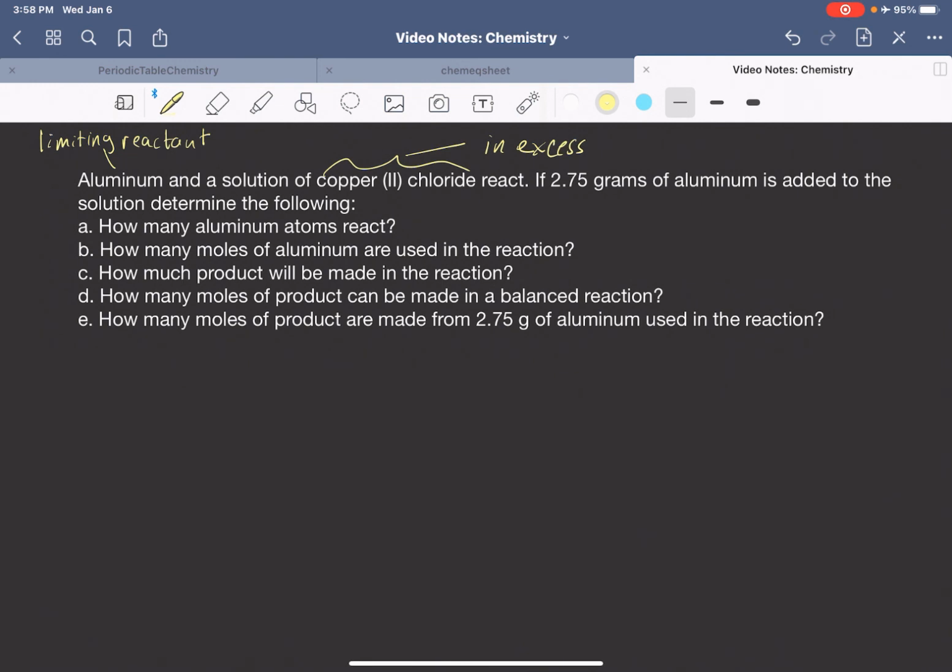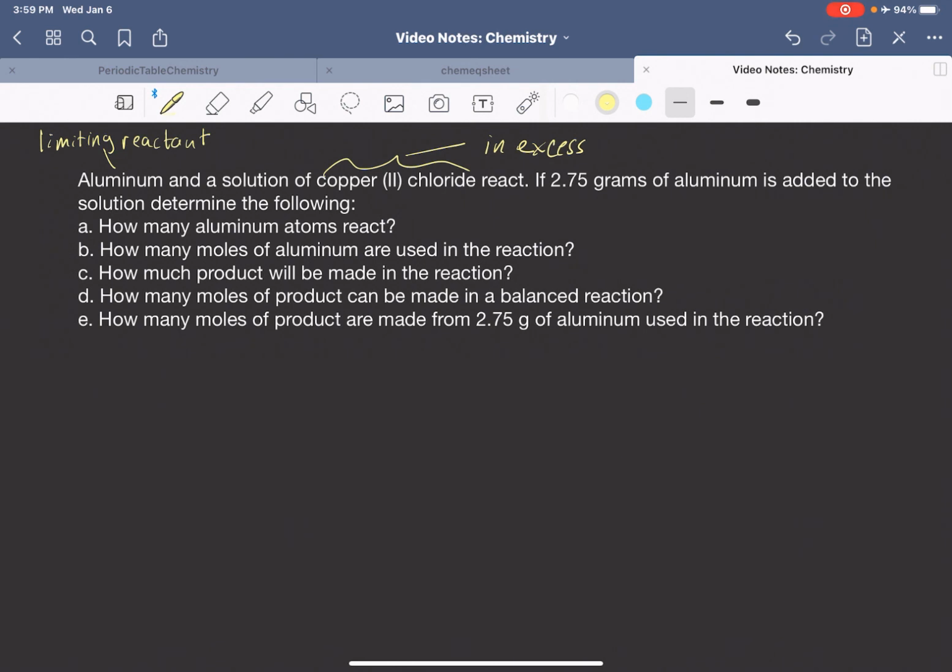But if you only had half of a bag of chocolate chips, then you would have an ingredient that limits how many cookies you can make. So you would have an excess amount of flour. In this example, the chocolate chips would be the limiting ingredient, and the flour would be the excess ingredient. So you have extra left over.